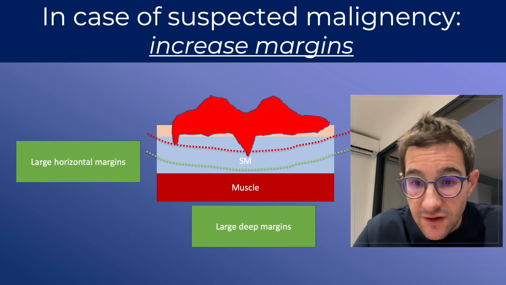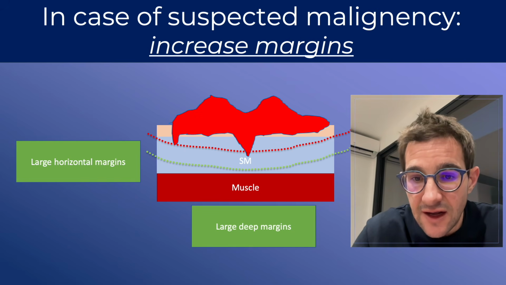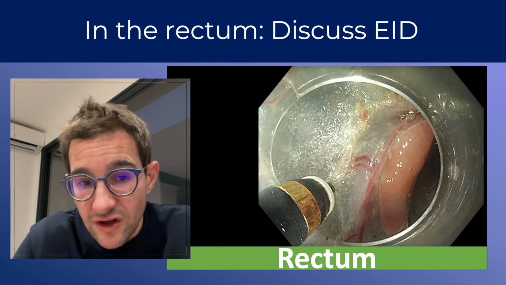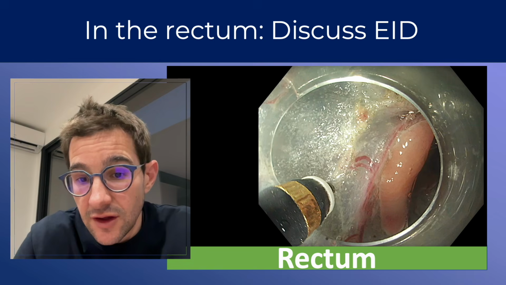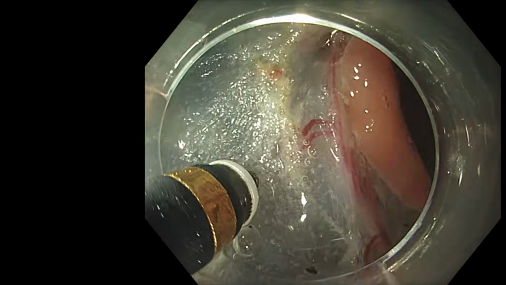It was like this in the colon, but here it's a rectal example. And nowadays in the rectum, there is a new strategy to get a larger deep margin, which is the intermuscular resection, like this.